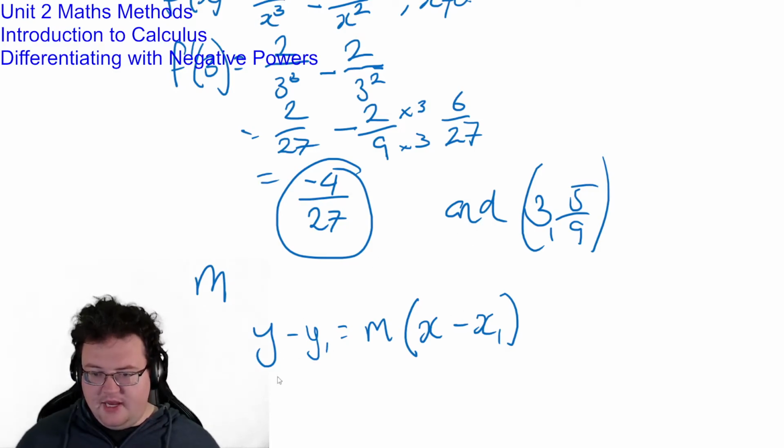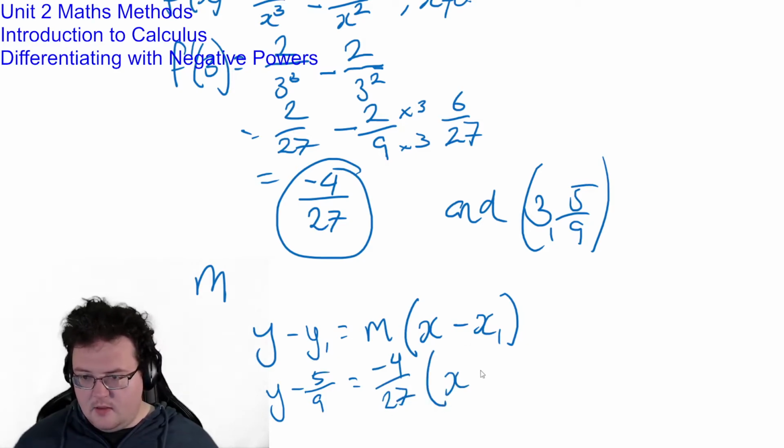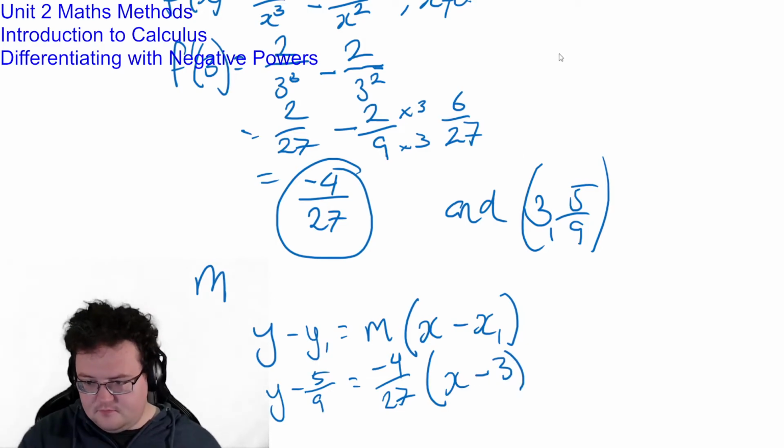So I'm going to put my y minus 5 over 9 in there, equals minus 4 over 27, bracket x minus 3.